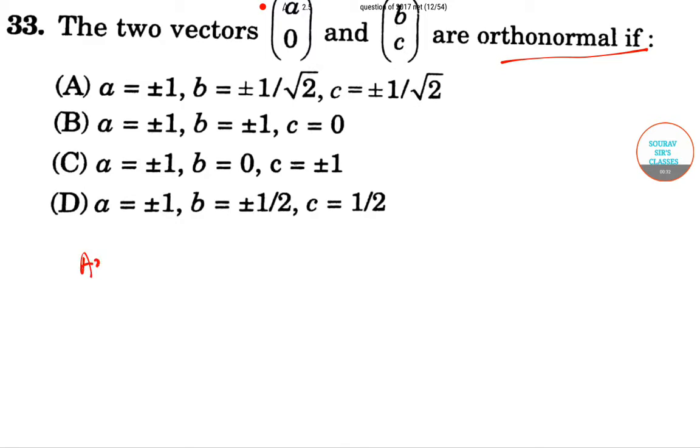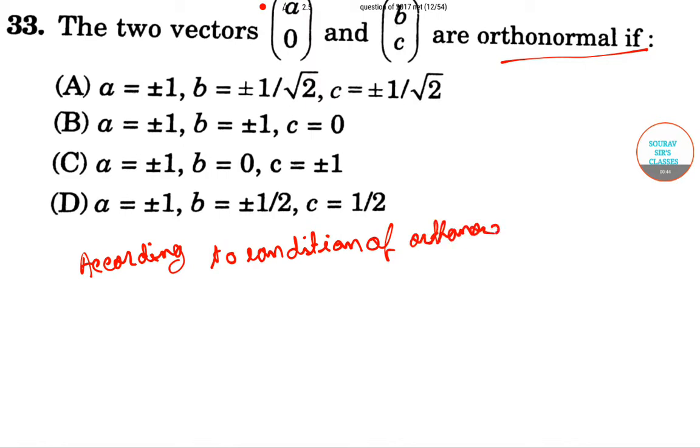So, according to the condition of orthonormality, we can write the bra of psi 1 and ket of psi 1 is equal to 1.